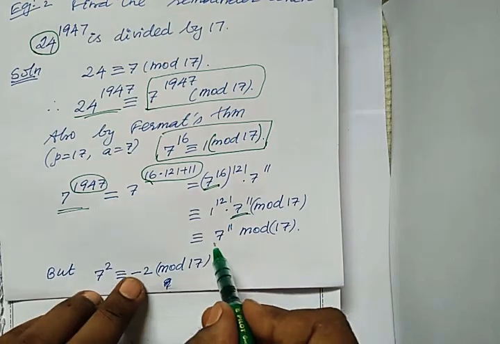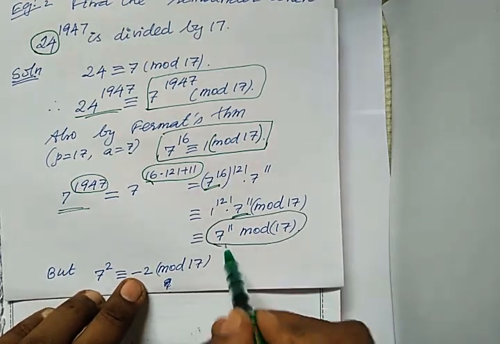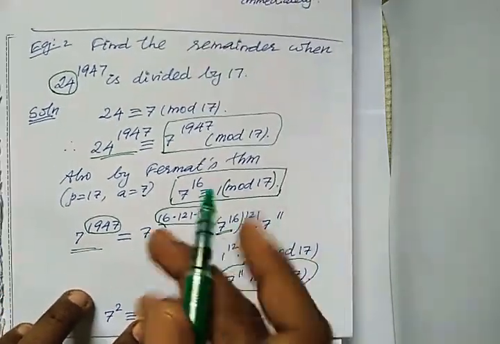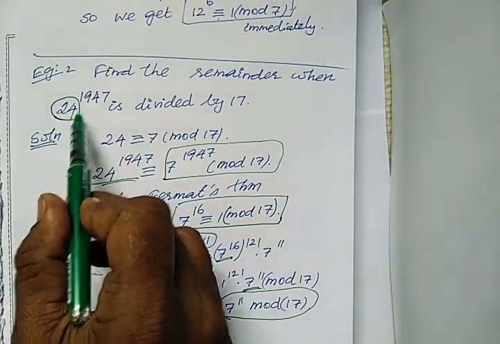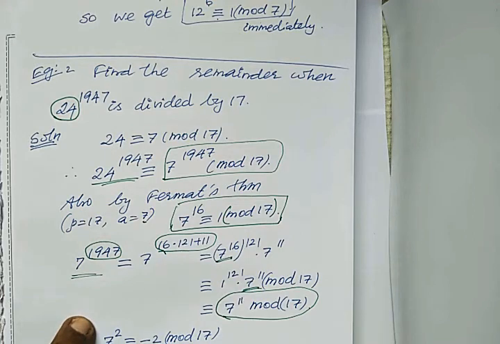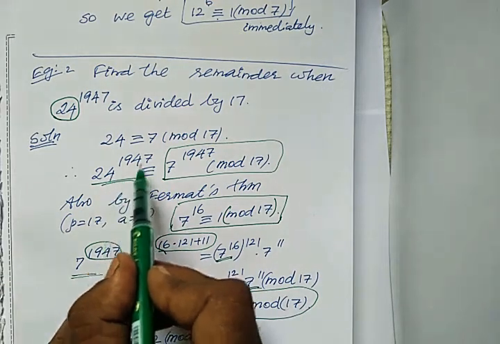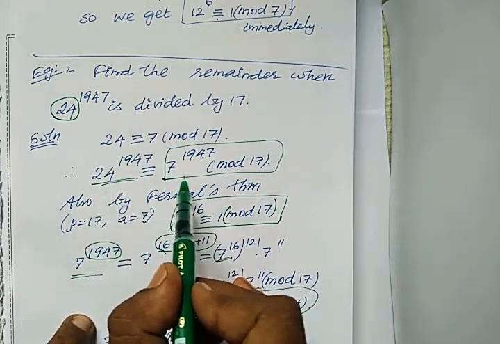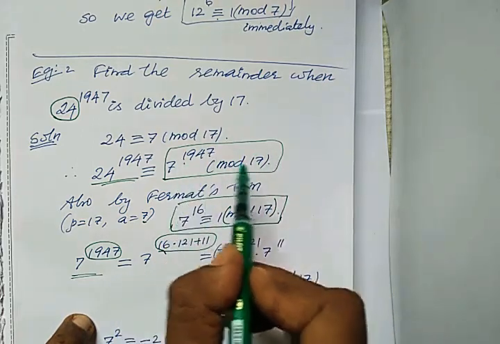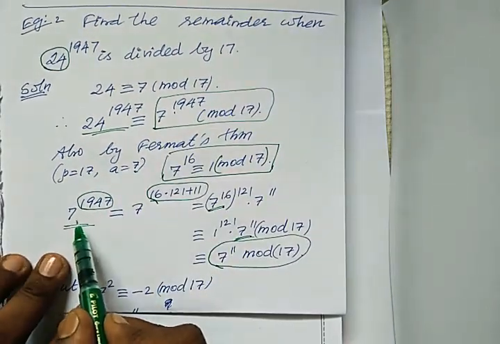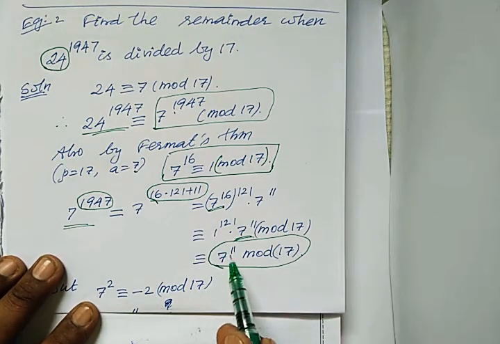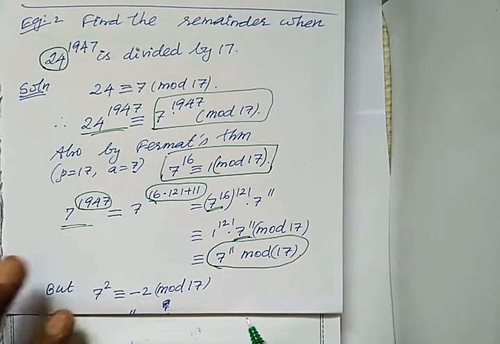Now we have to find this one. This is the answer. Actually, we have to find this modulo 17. Instead of finding this modulo 17, we are going to find this modulo 17, and instead of that, now we are going to find 7 to the power 11 modulo 17.